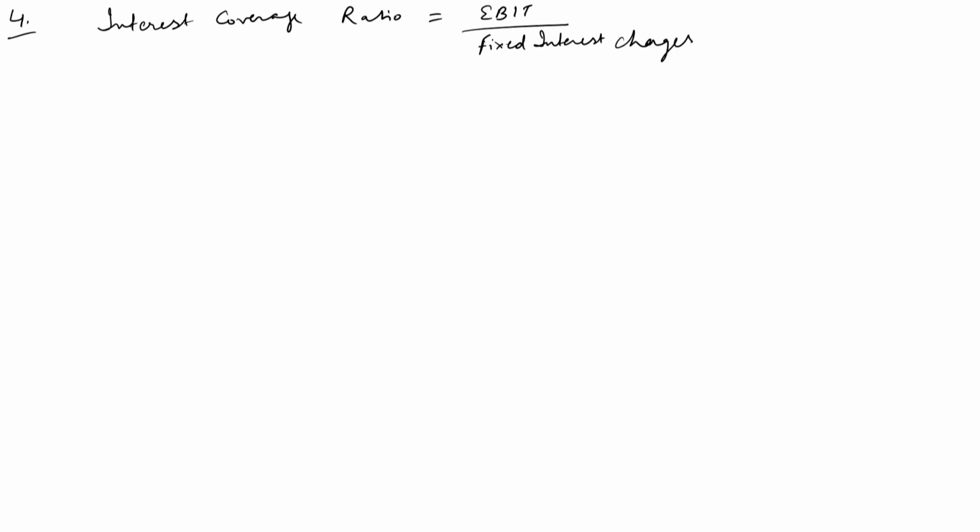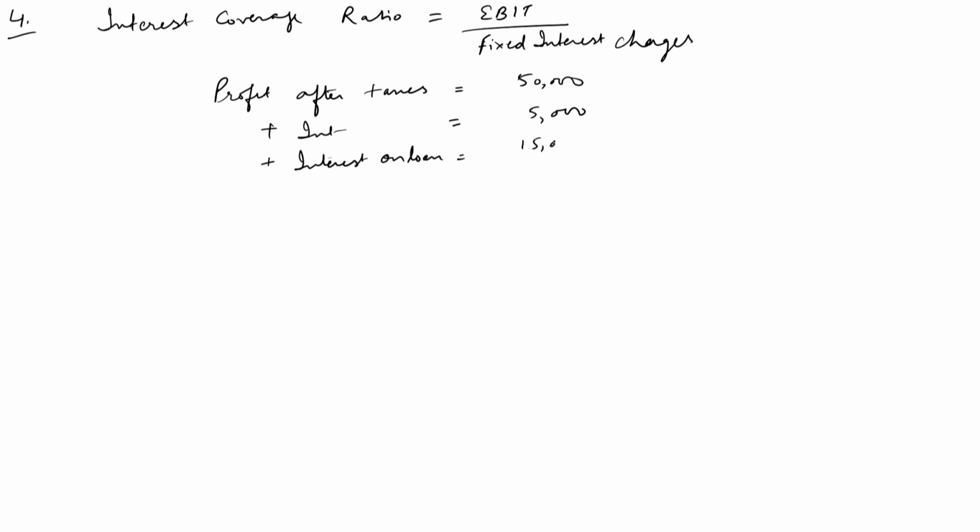So first we compute the EBIT as per the question. We are given profit after taxes, which is equal to 50,000. We are paying interest to debenture holders of rupees 5,000. Then we are paying another interest on long-term borrowings, on loans, amounting to rupees 15,000.